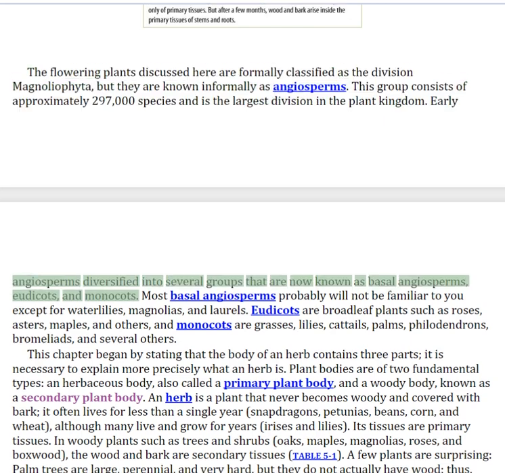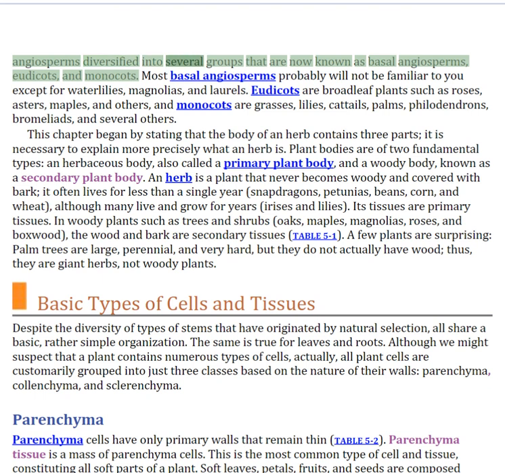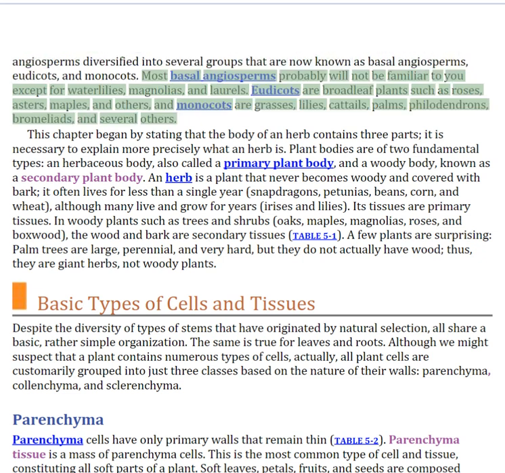Early angiosperms diversified into several groups that are now known as basal angiosperms, eudicots, and monocots. Most basal angiosperms probably will not be familiar to you except for water lilies, magnolias, and laurels. Eudicots are broadleaf plants such as roses, asters, maples, and others, and monocots are grasses, lilies, cattails, palms, philodendrons, bromeliads, and several others.